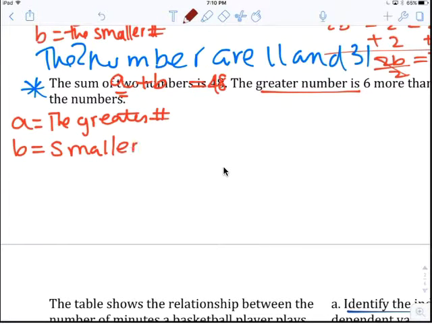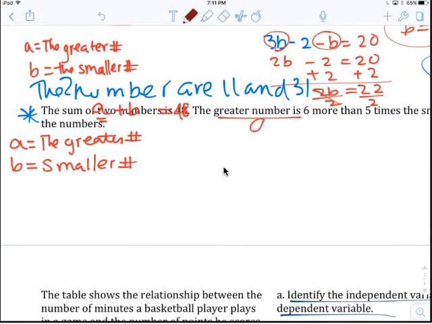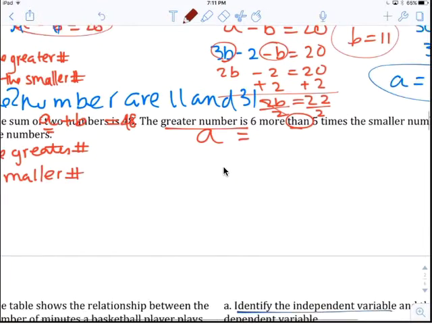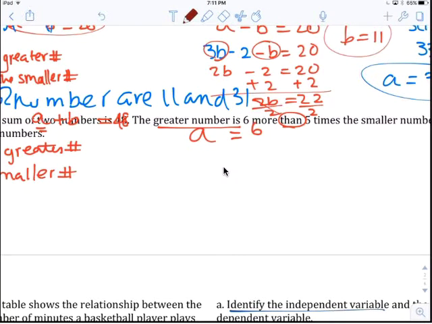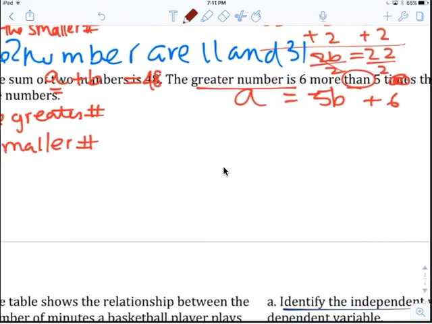So the greater number A equals 6 more than, you flip, plus 6, 5 times the smaller number, which is B, 5 times B. Find the numbers.